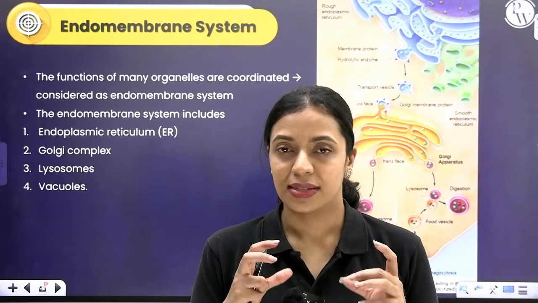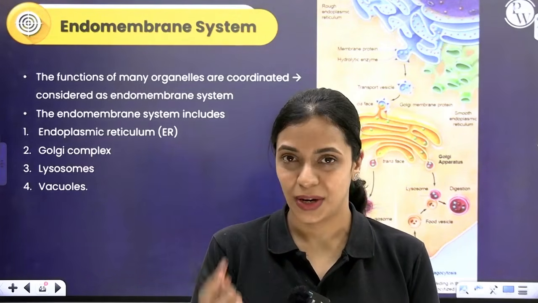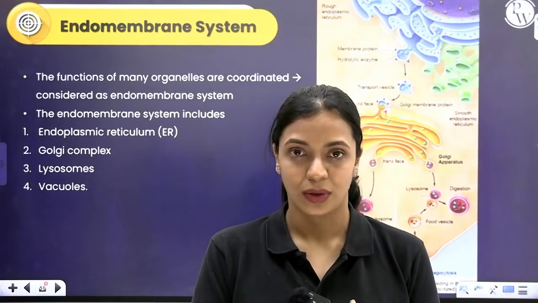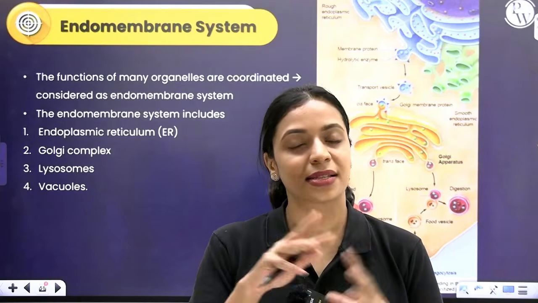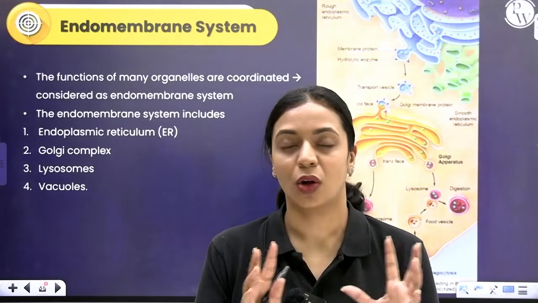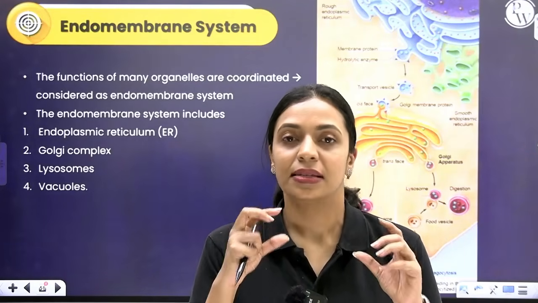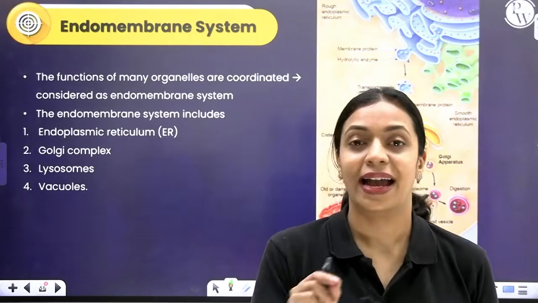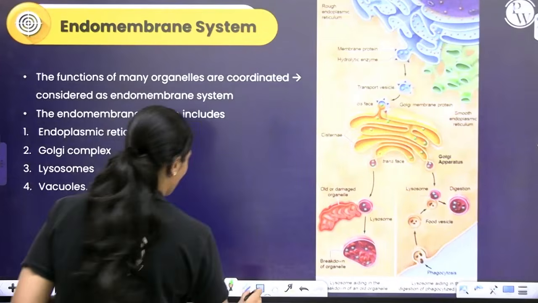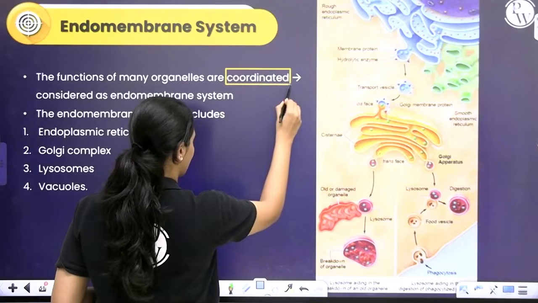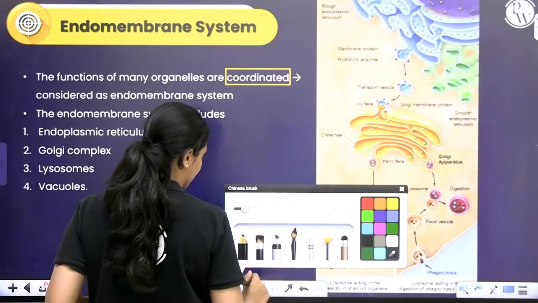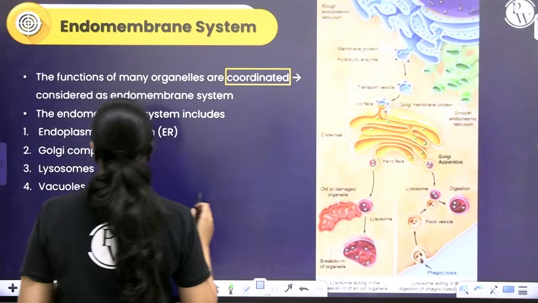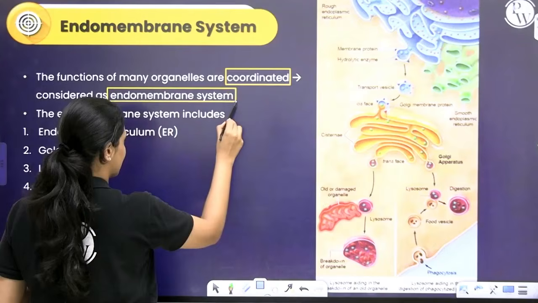Now, some of the membrane-bound organelles present inside the cell, membranous structures. Some of these, not all of them, not all the membrane-bound organelles, some of these organelles and their functions are coordinated. All of those organelles whose functions are coordinated within the cell, together we call it the endomembrane system.